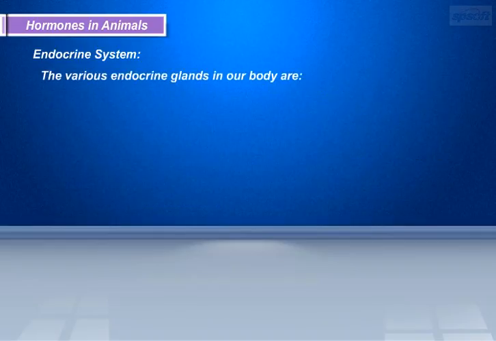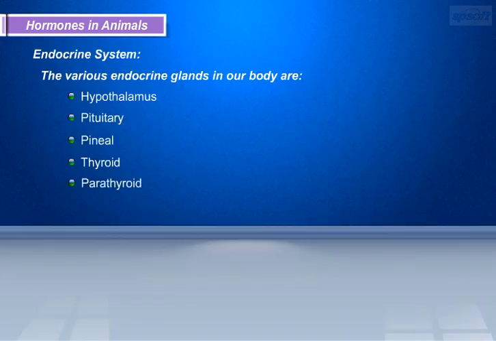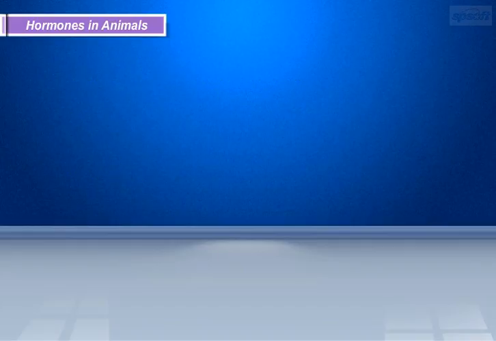The various endocrine glands in our body are: hypothalamus, pituitary, pineal, thyroid, parathyroid, thymus, adrenal, pancreas, testes, ovary. Let us explain each type of endocrine gland and its functionality in detail.